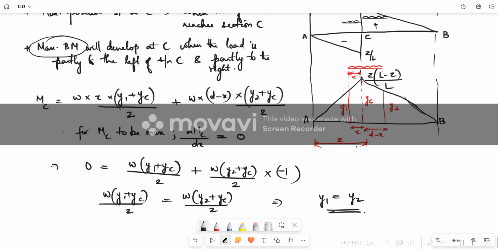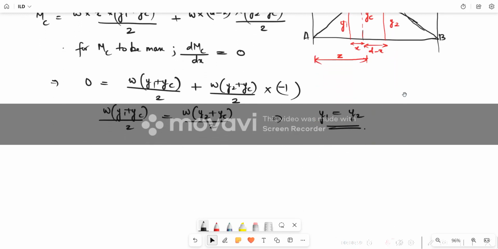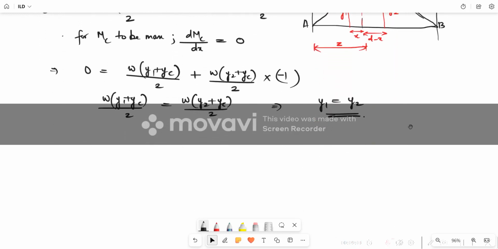This is the condition. So that means the moment at C will be maximum when the ordinates of ILD for MC at the head and tail end of the UDL are equal.